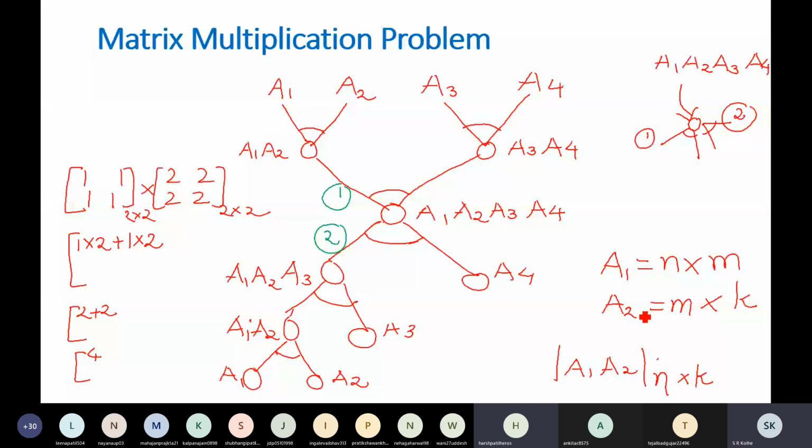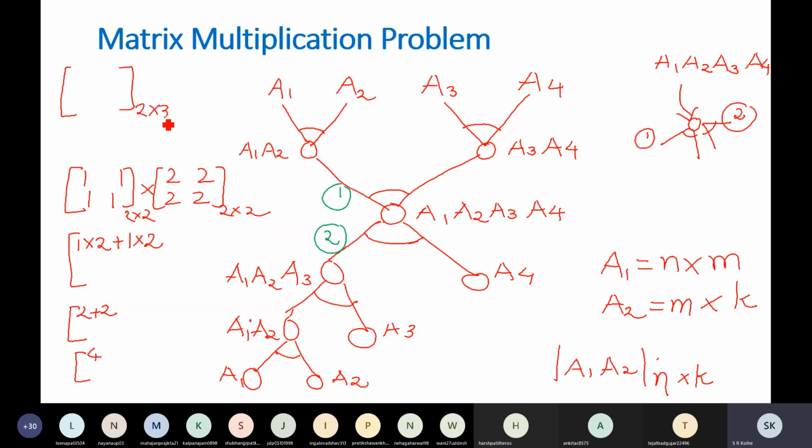Another answer. n into m plus m into k. Any other answer?